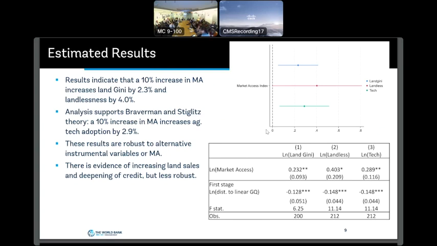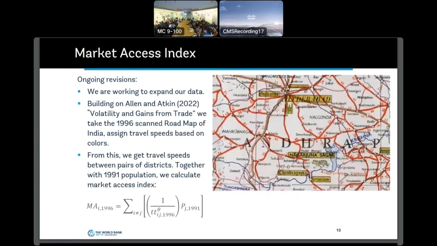So this is work in progress. One of the things that we've been working on is to expand our data set. We're relying mostly on the IHDS, and market access was calculated using travel time estimates from Allen and Atkin.